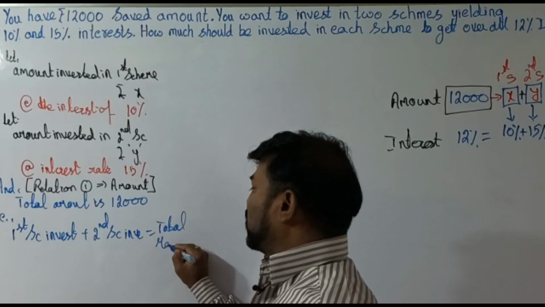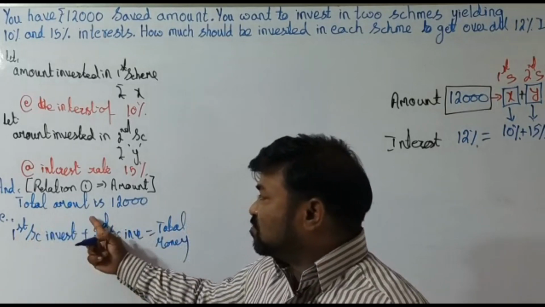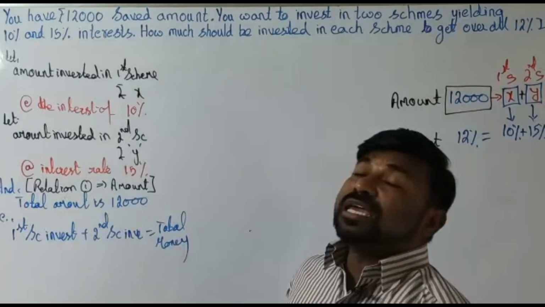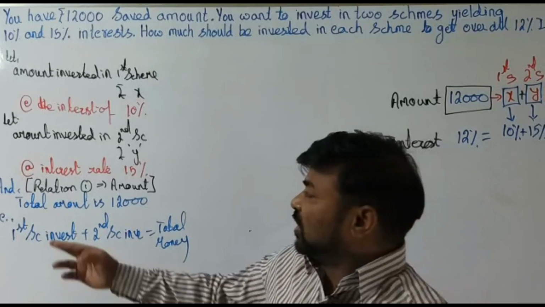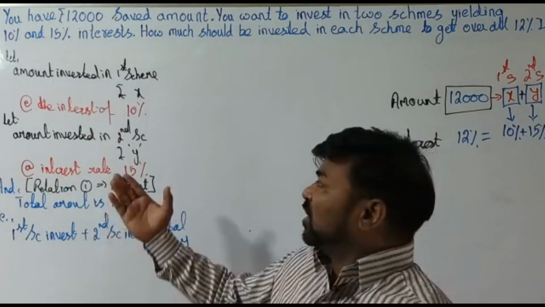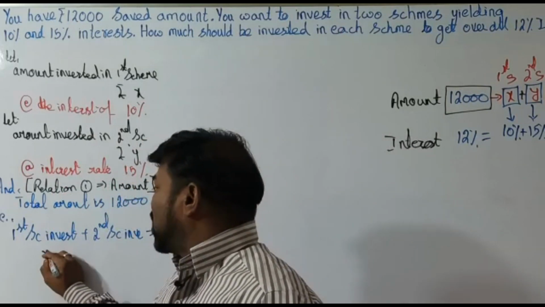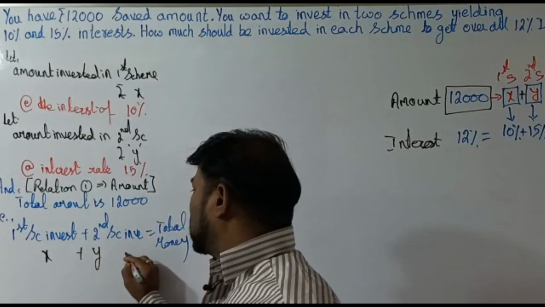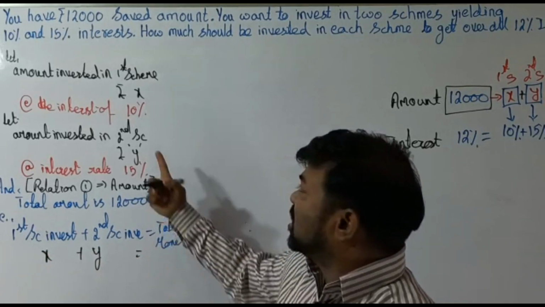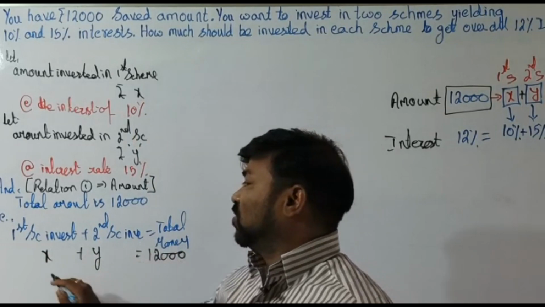Money invested in the first scheme is X rupees, and money invested in the second scheme is Y. Therefore, X plus Y equals the total he has given, which is 12,000.